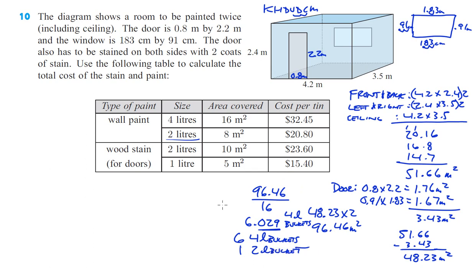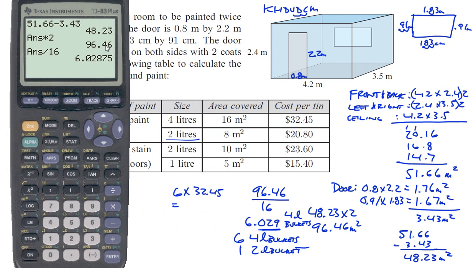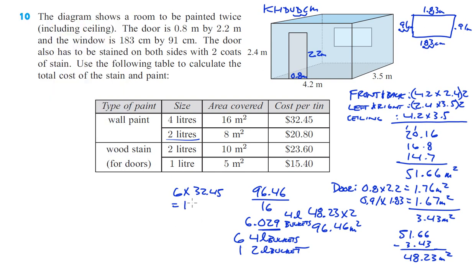Okay, so sorry, I'm kind of working down and over here to the right. We'll probably finish up over here. So 6 of the 4-liter bucket. So 6 times 32.45 is 194.70.